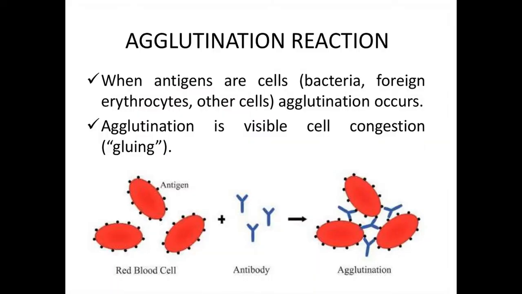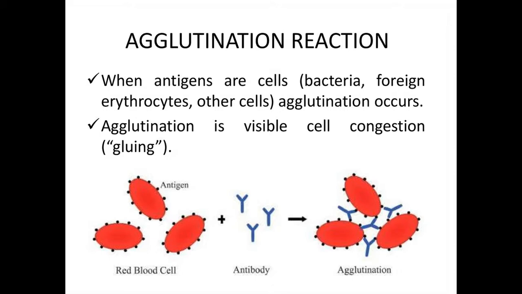Agglutination reaction: when antigens are cells, such as bacteria, foreign erythrocytes, or other cells, agglutination occurs. Agglutination is visible cell clumping. When a particulate or insoluble antigen is mixed with its antibody in the presence of electrolytes at a suitable temperature and pH, the particles are clumped or agglutinated.